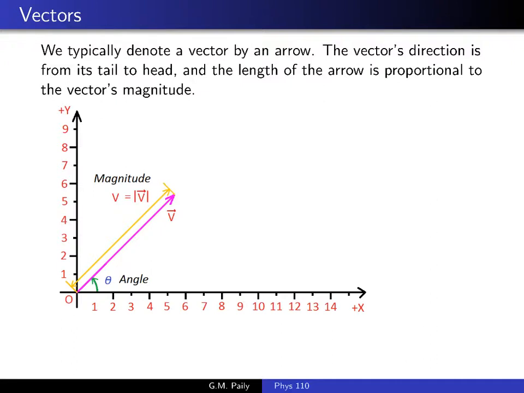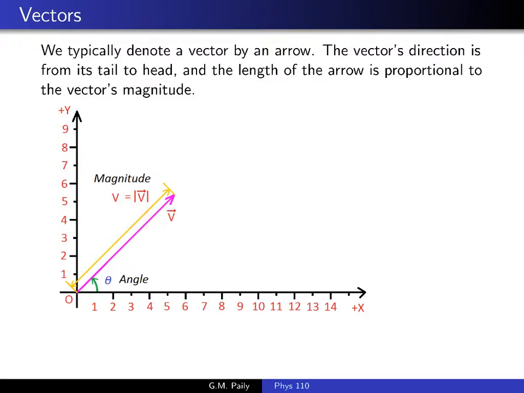The magnitude is given by the length of the vector. Notice that for the vector itself, I use, in this case, the letter v with a little arrow on top. The magnitude of the vector is just the letter without the arrow, or it is sometimes written as the symbol for the vector, so here we have v with the arrow on top between two vertical bars.